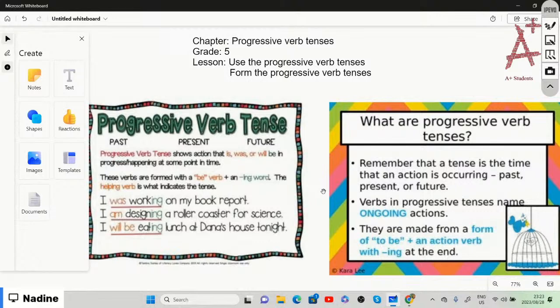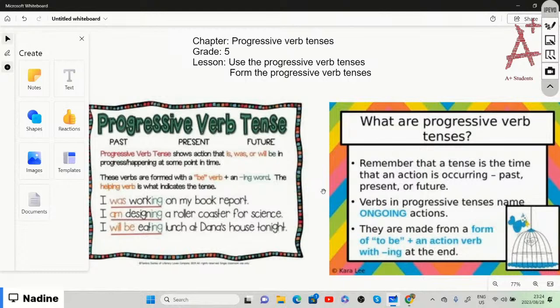Whether it is in the past, whether it is in the present, or in the future, right? And verbs in progressive tenses name the ongoing action, whether it is in the past, in the present, or in the future.